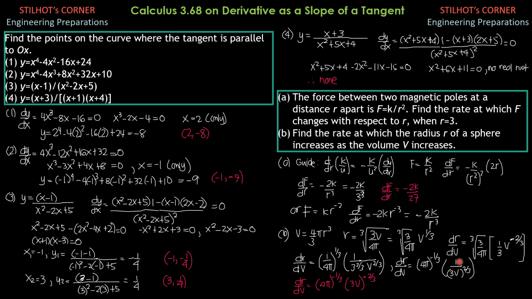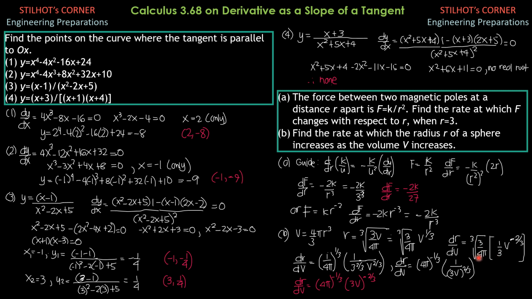So dr dV: copy the constant, cube root of 3 over 4 pi, and the derivative of V to the 1/3 with respect to V is 1/3 V to the 1/3 minus 1, which is negative 2/3. Of course, the derivative of V with respect to V is 1. Since the numerator is 3 to the 1/3 and the denominator is 3, we have 1 over 3 to the 2/3 here.